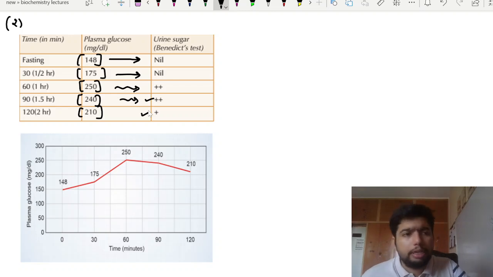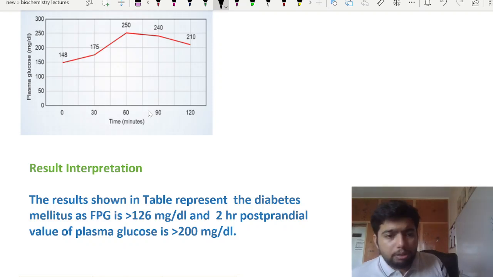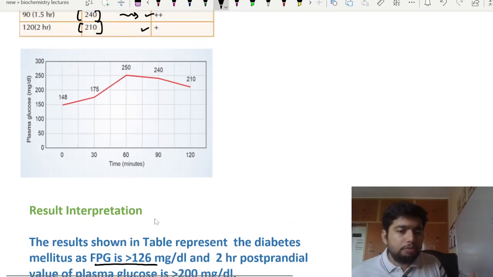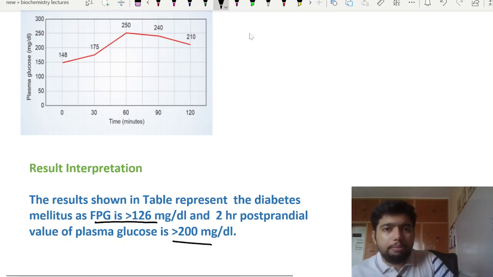Now just you can tell me, this particular graph obviously suggests diabetes mellitus. Why? Because fasting plasma glucose is more than 126, obviously it is 148, so it is more than 126, and 2 hour postprandial value is more than 200.